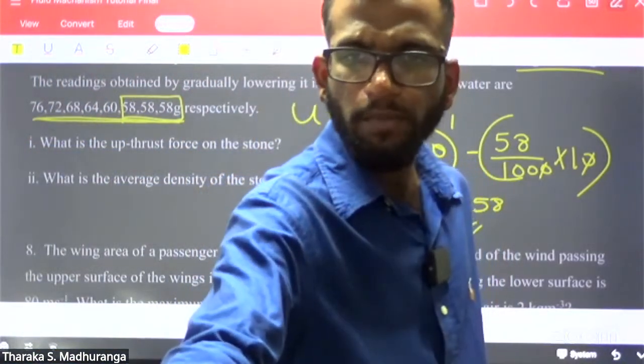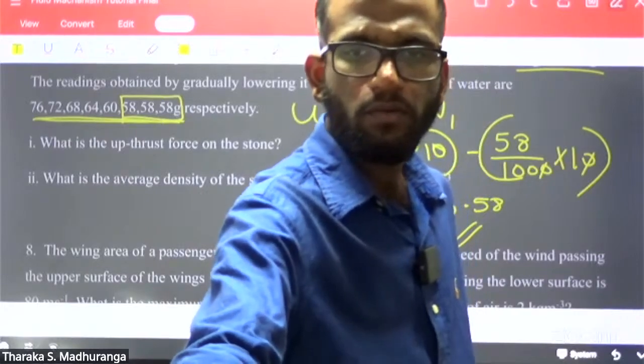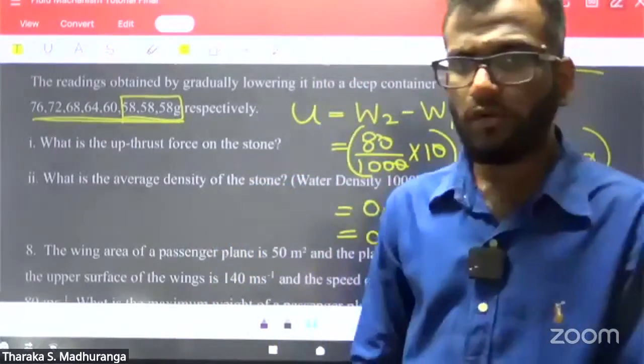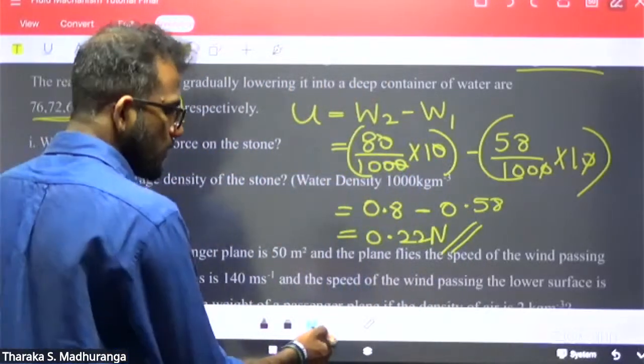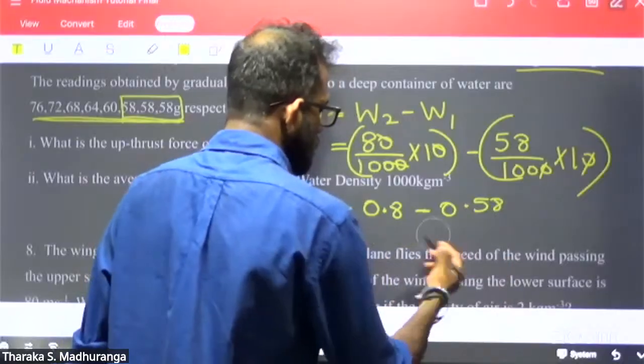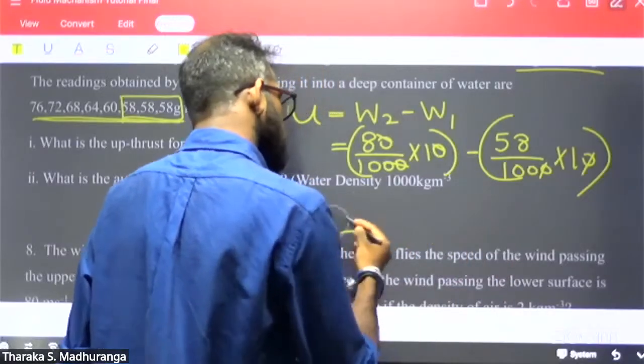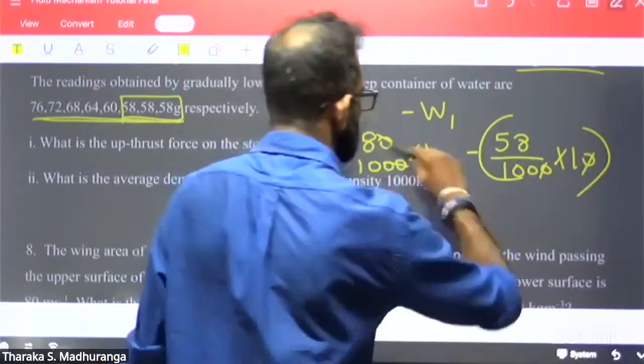Do you have any method to get the density of this stone? It is very simple. Now you already got the upthrust force.